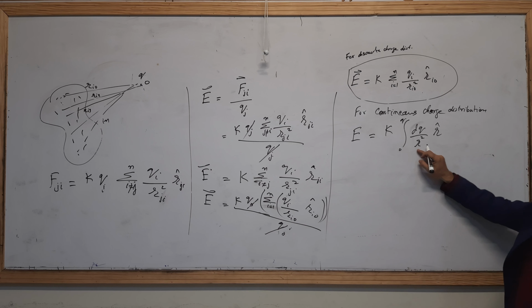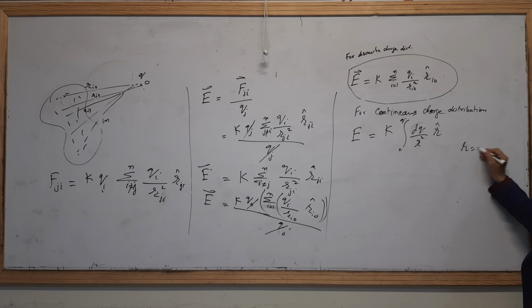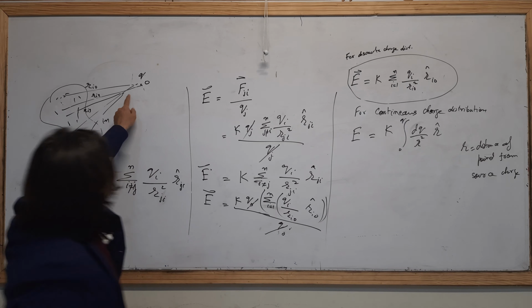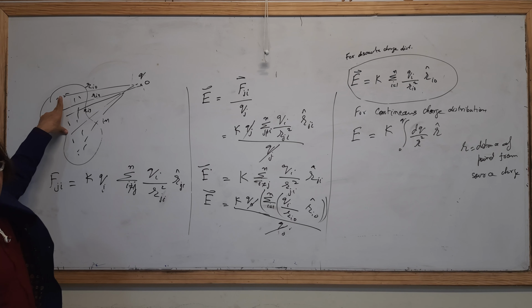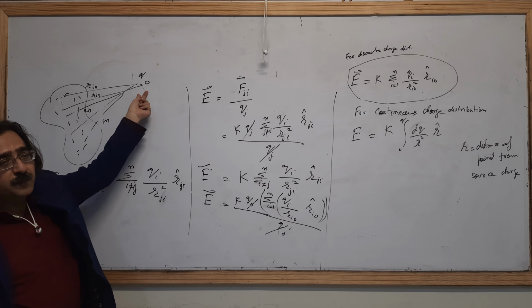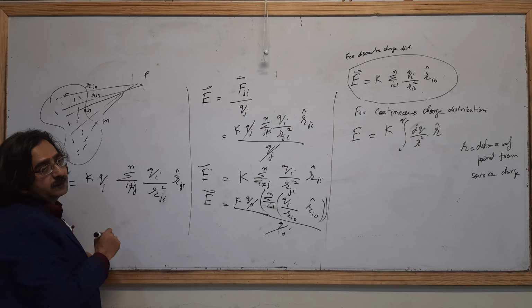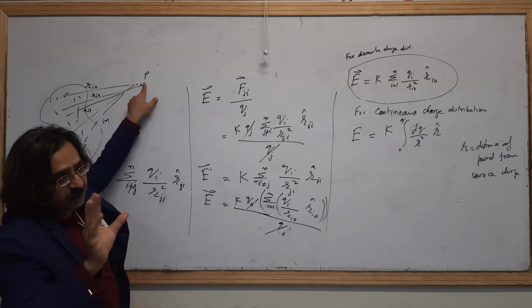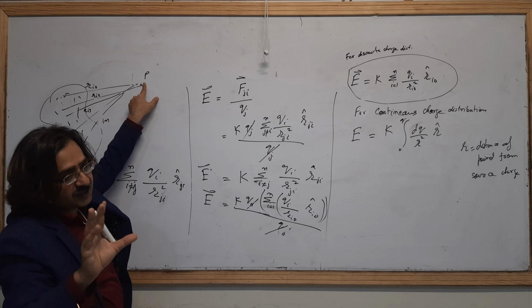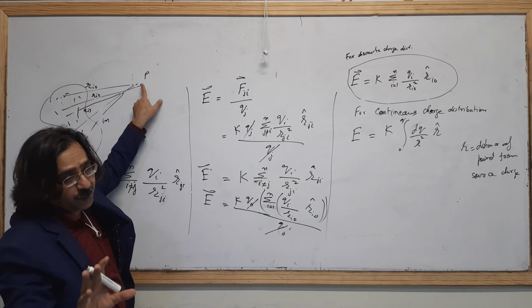Here r is the distance of the point from the source charge. This is the source charge, and this is the point P. Now the role of the test charge is ended, so there is no importance of the test charge.